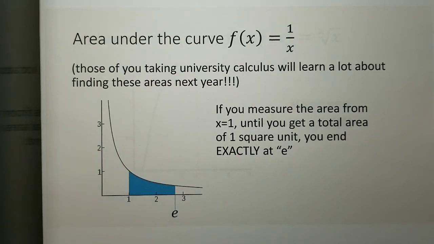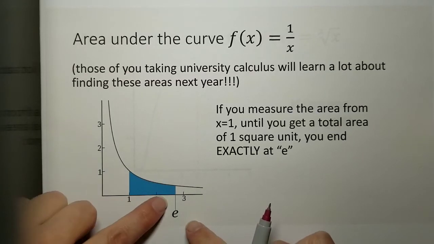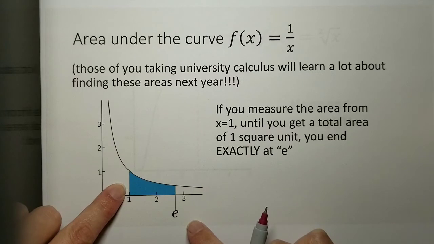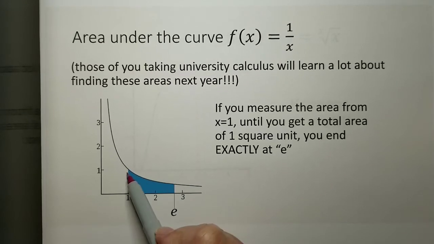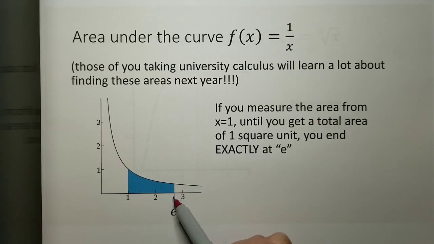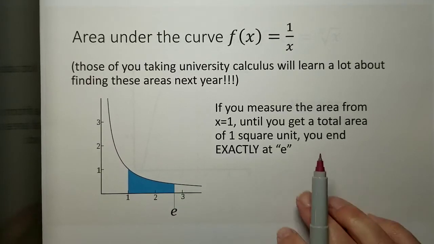Area under the curve. A pretty cool thing happens with the area under the curve of f of x equals 1 over x. Finding these areas is really the second big idea in calculus that we don't cover this year, but if you take calculus next year, you'll see it. In this function, if you want to find an area that's exactly equal to 1, it ends at e.